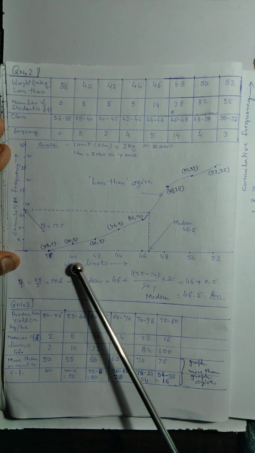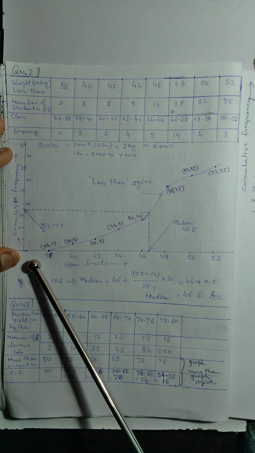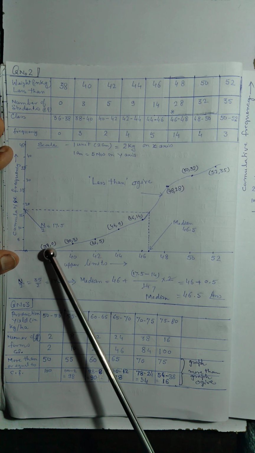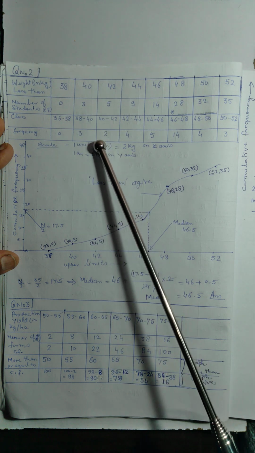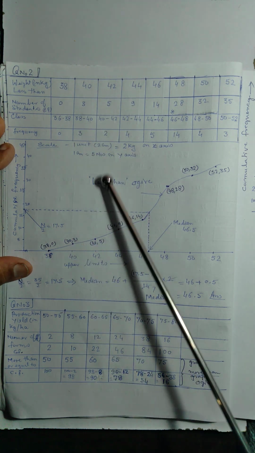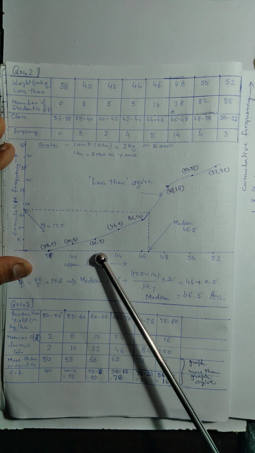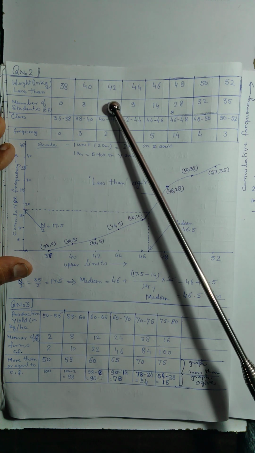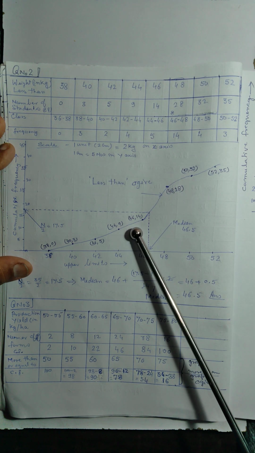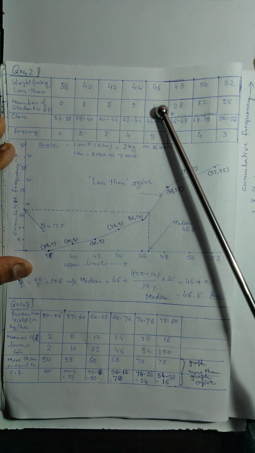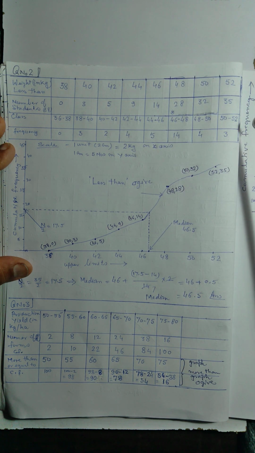I have plotted accordingly. The points I plotted: 38 and 0, 40 and 3, 42 and 5, 44 and 9, 46 and 14, 48 and 28, 50 and 32, 52 and 35.